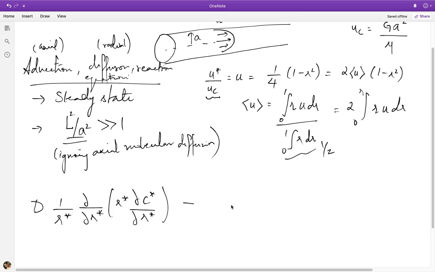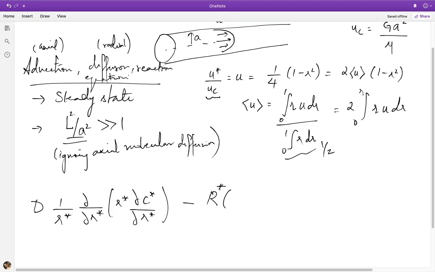So this is the diffusion term minus a rate of reaction, which I'm going to call capital R to denote my unknown reaction rate term. So the reaction rate, for example, first order would be some rate constant, let's say minus k times the concentration C star. But I'm going to leave the order unspecified in our derivation.